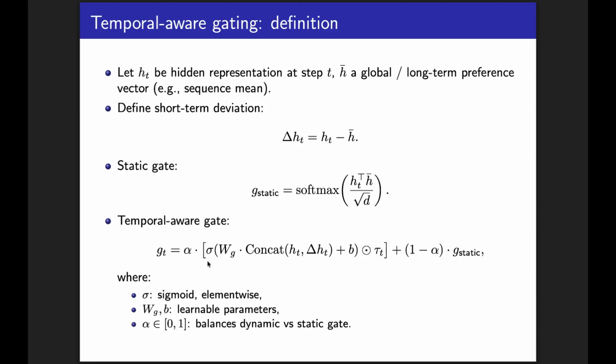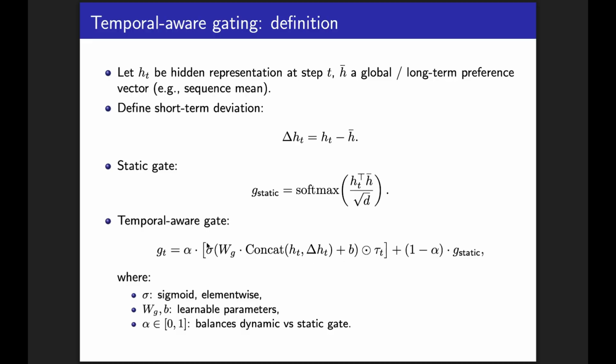What we're going to do is build this temporal-aware gate by combining two components. The one on the left is simply the concatenation of the hidden representation H of T with the short-term deviation that we saw before. After we concatenate this, they pass it through a linear layer. That is why you see the product with the weight matrix WG and the sum with the bias B. It is simply a linear layer that goes through an activation, the sigmoid, this symbol here.